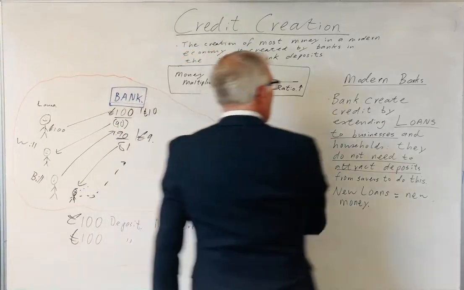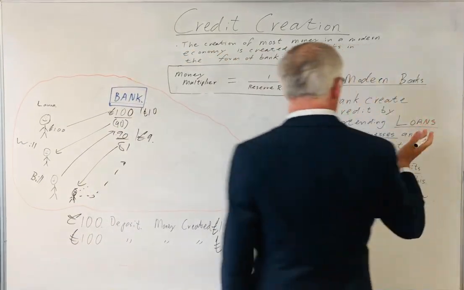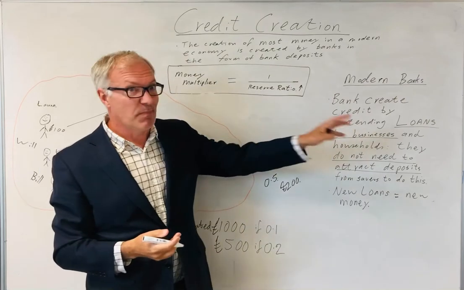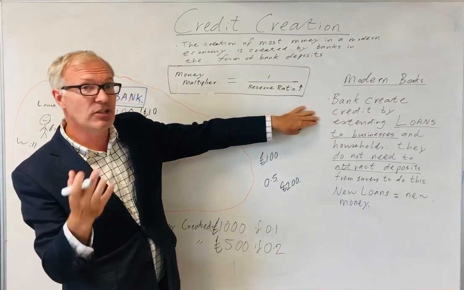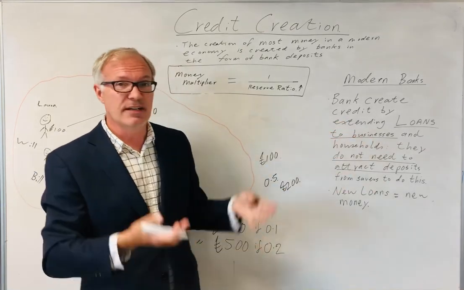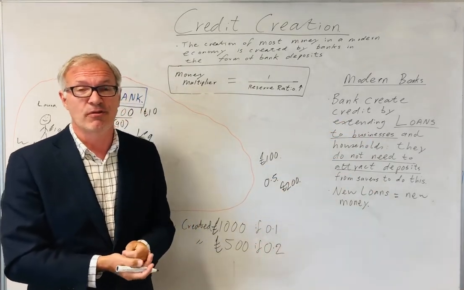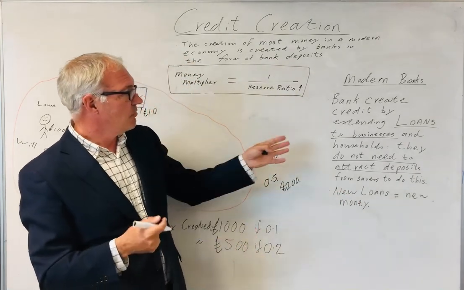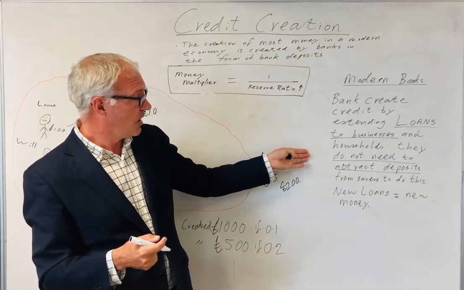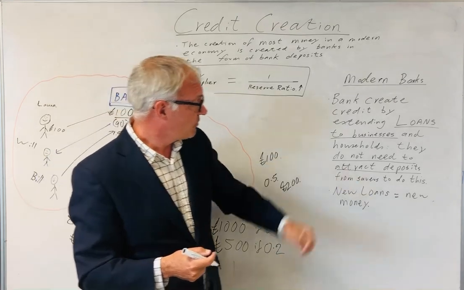However, modern banks basically don't need the deposits. They just create credit by extending loans to businesses and households, individuals, whether it's loans to set up a new business or for a mortgage. And so they don't need the deposits from savers in order to do this.